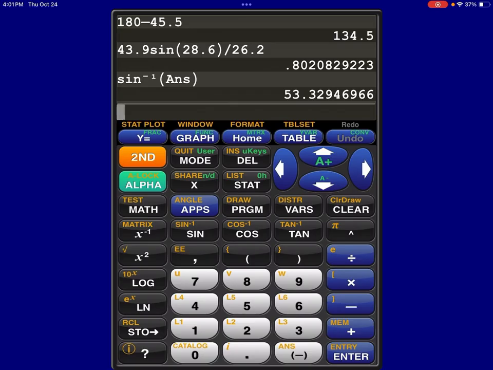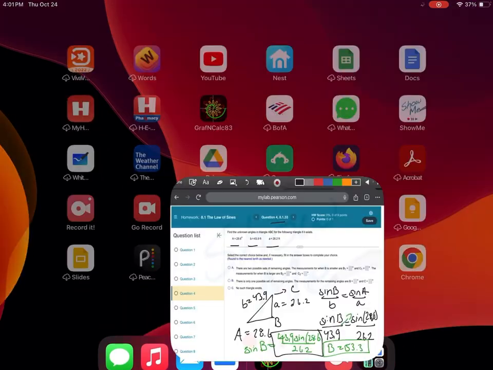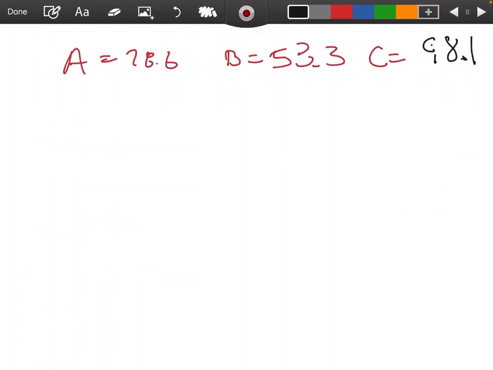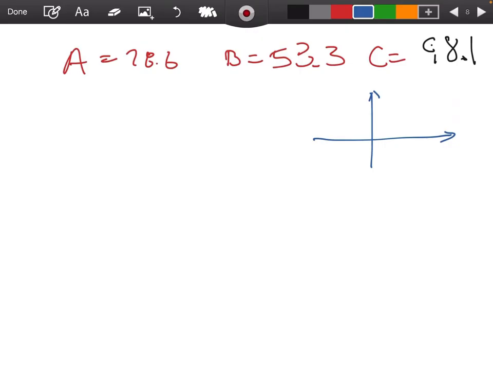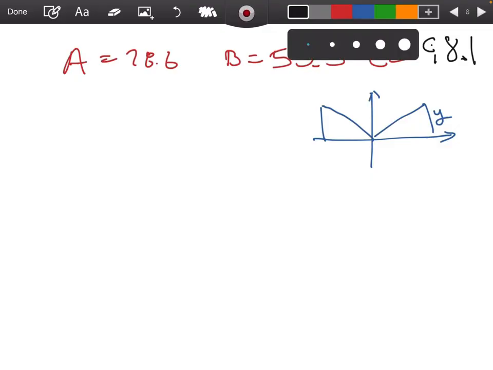So, y'all, if I think about that for a minute, when is the sine of my angle positive? The sine of my angle is positive in quadrant 1 because it's the y value, and it's also positive, y'all, in quadrant 2. So what we're saying is that this angle right here would be 53.3.